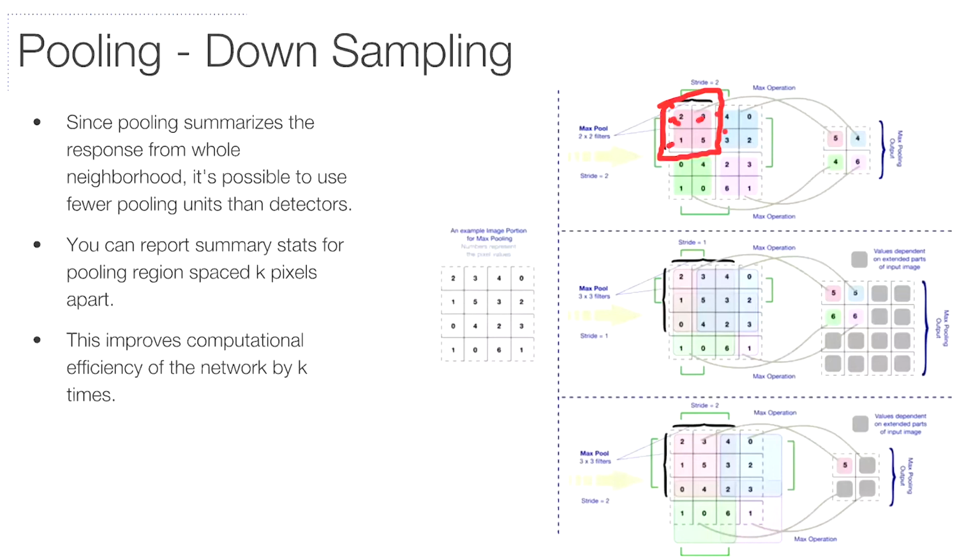Similarly, you have 4, 0, 3, 2, whatever. So if you have 2, 3, 1, and 5, you apply a concept called pooling, which says take only the maximum value in this matrix and move it to the next layer. So only 5 will be chosen from here, and 5 will be copied to the next layer. So it reduces 4 cells into a single cell. So the reduction is called downsampling.